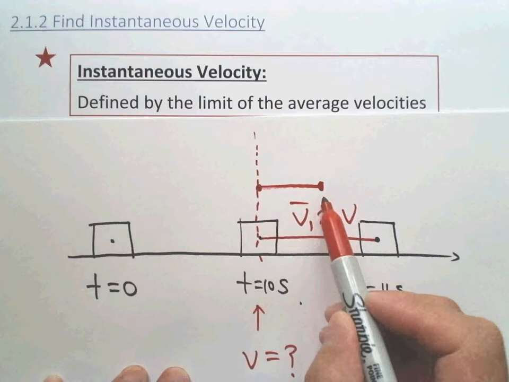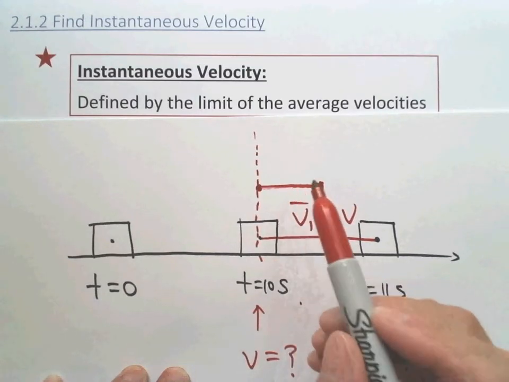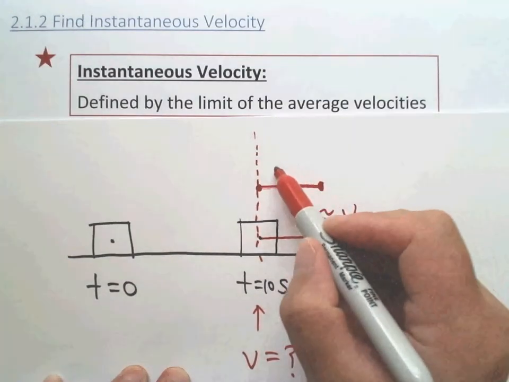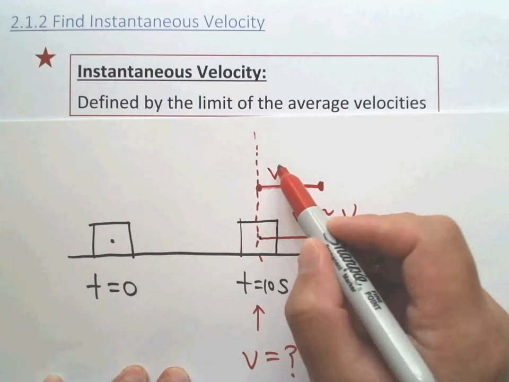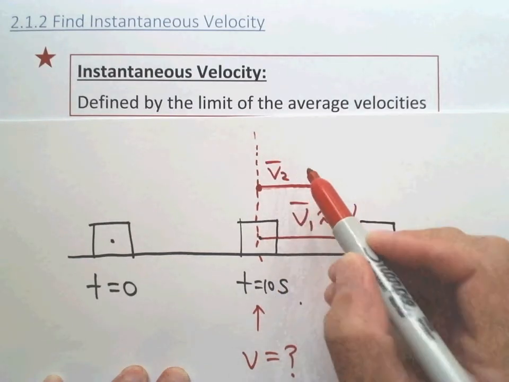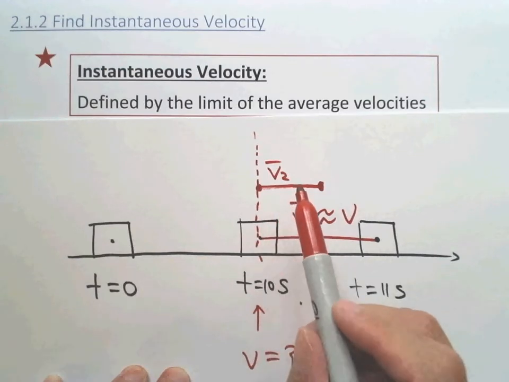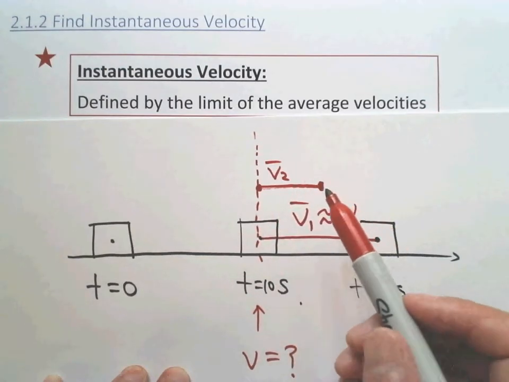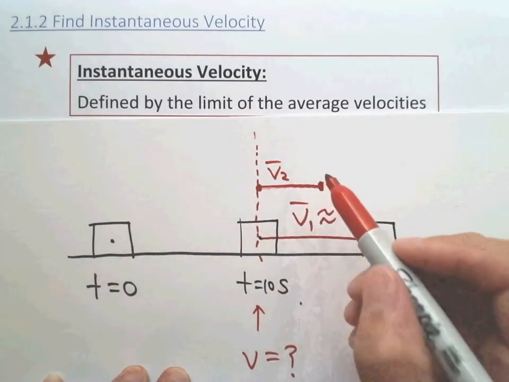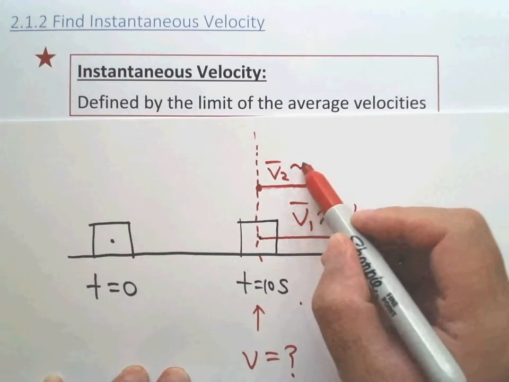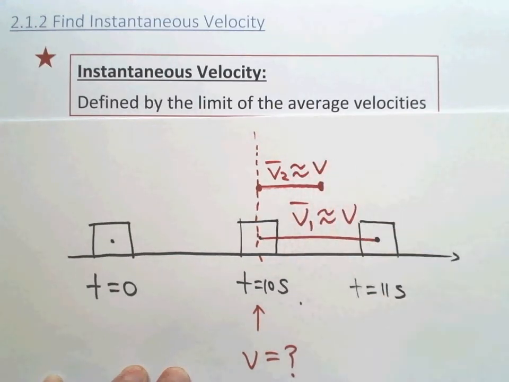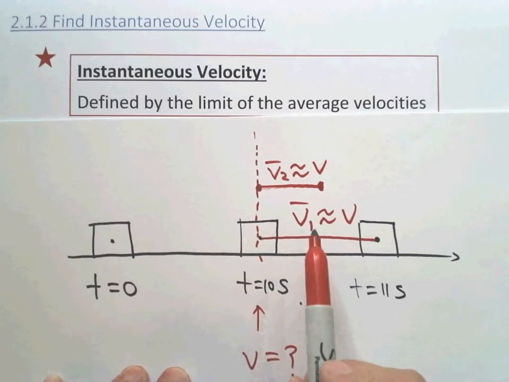So we can find another average velocity, which we call v bar 2. Can you see this? This time the approximation should be better, so v2 bar approximates the velocity at the time point better than v1 bar.